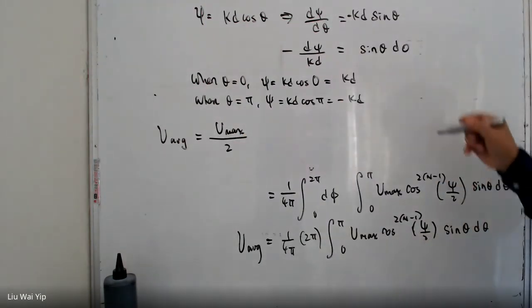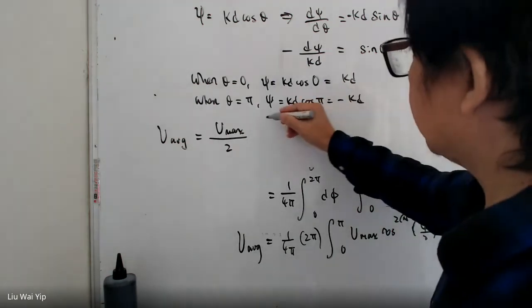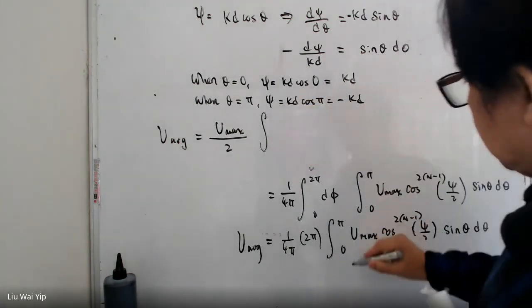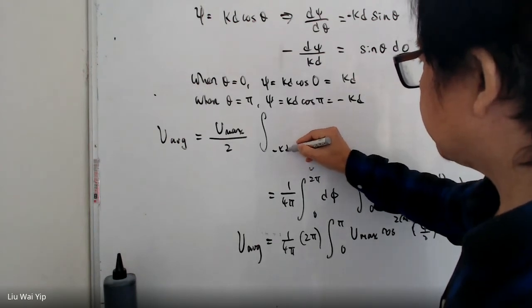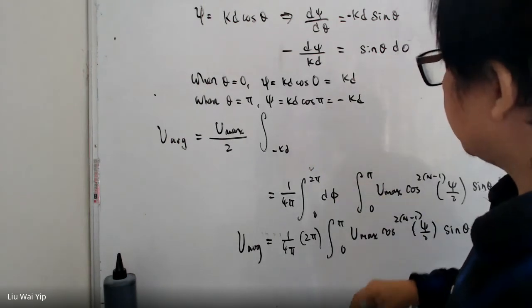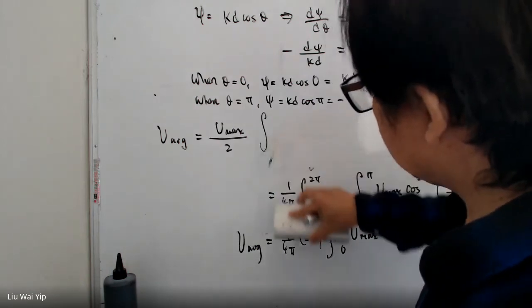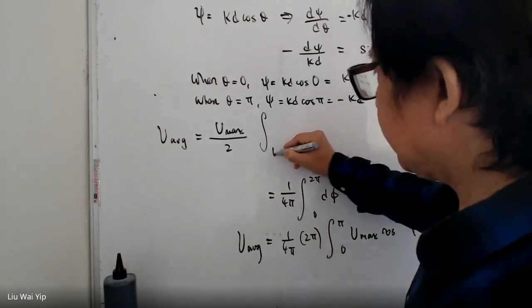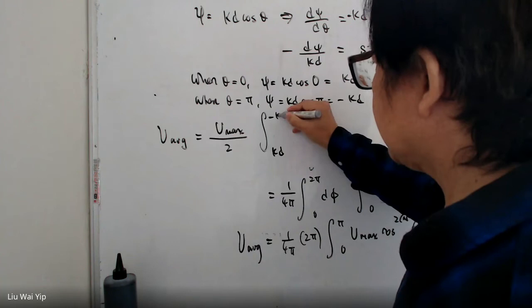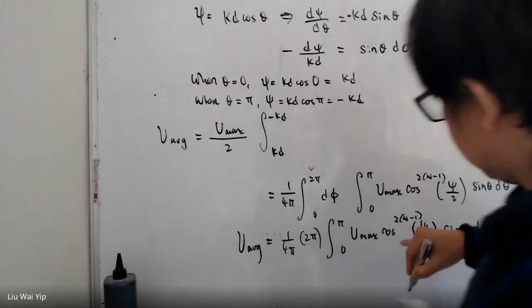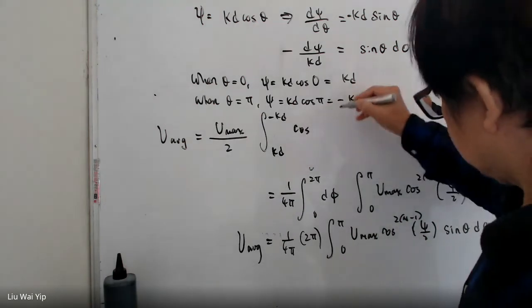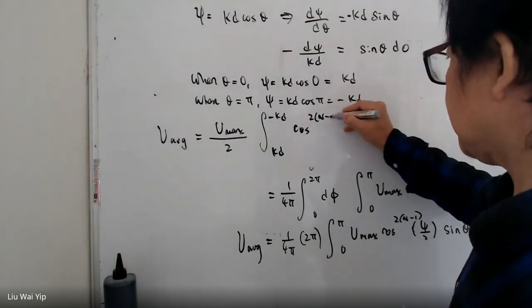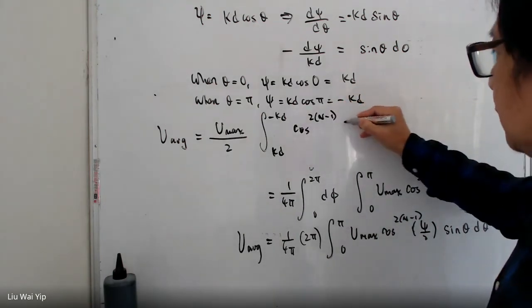And here is going to be an integral from minus kd, sorry, it should be kd and then minus kd, of cosine 2n minus 1.